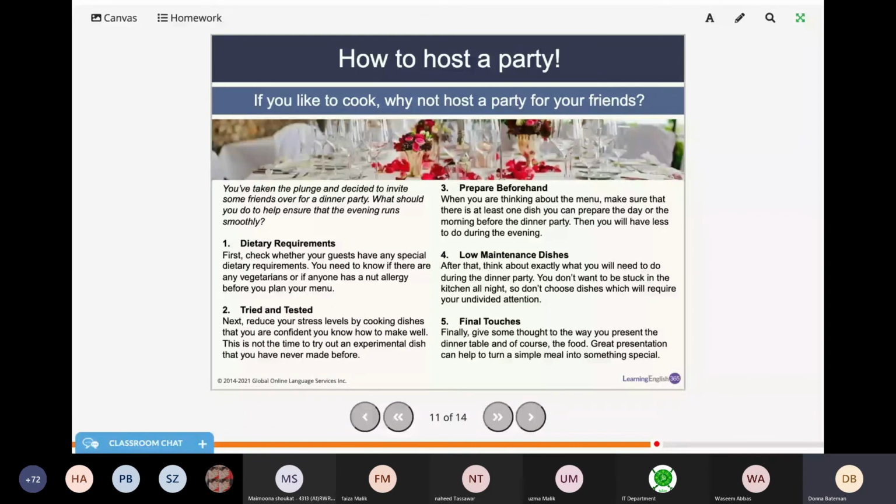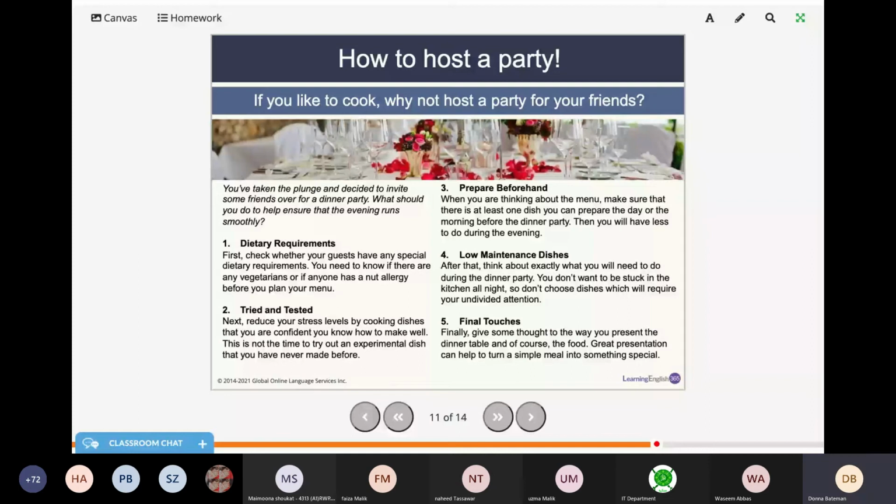So this is a post that you might read online saying, if you like to cook, why don't you host a party for your friends? So let's have a look. Let's read the text and let's have a look at some of the top tips. What advice does this person have if you're going to host a party?